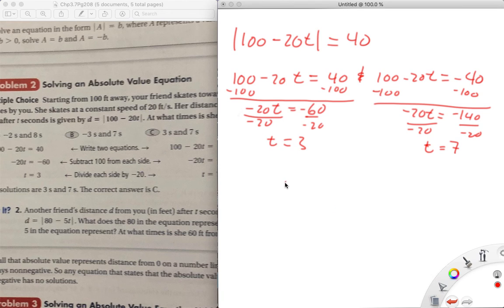If we were to graph this, starting at 5, 1, 2, 3, 4.